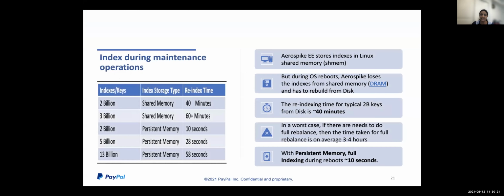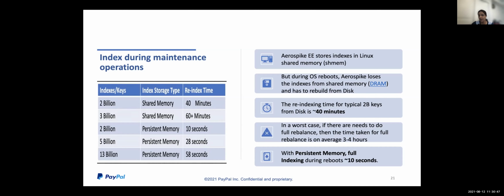So now let's understand the process of indexing here. The primary indexes in Aerospike are stored in the Linux shared memory. And what happens during OS reboots is that because the indexes are stored in the shared memory that is volatile in nature, whenever the server goes down, the indexes are lost from there. And then we have to rebuild the indexes from the data in the disk.